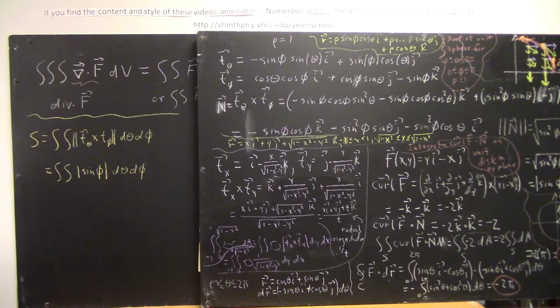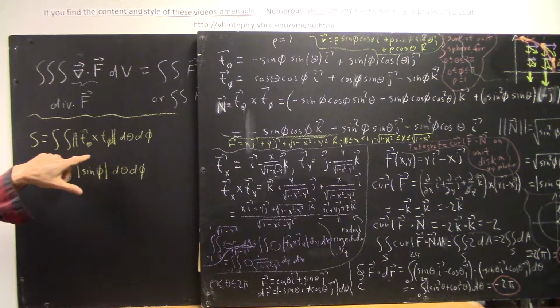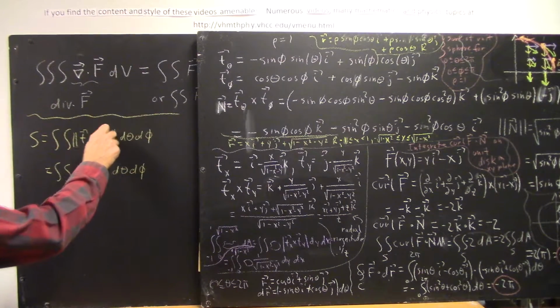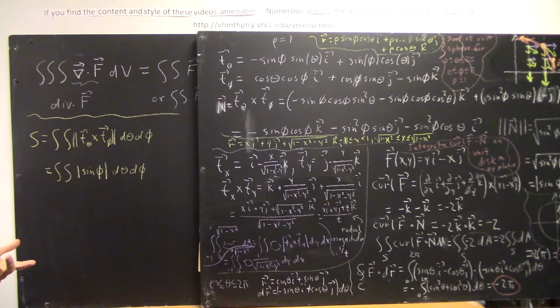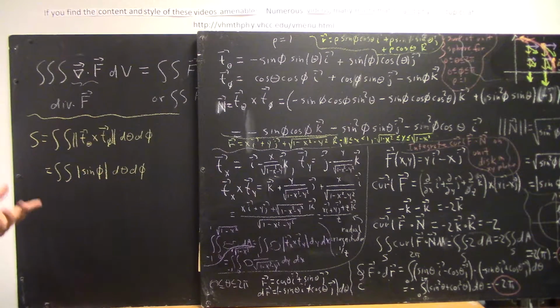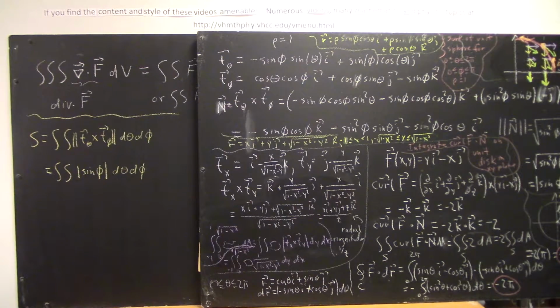Now, we're going to claim that the area of the surface is going to be the magnitude of the cross product of the two tangent vectors that we get from our parameterization over the parameter space. Now remember, theta and phi, I want to find the surface area of the upper half of the unit sphere.